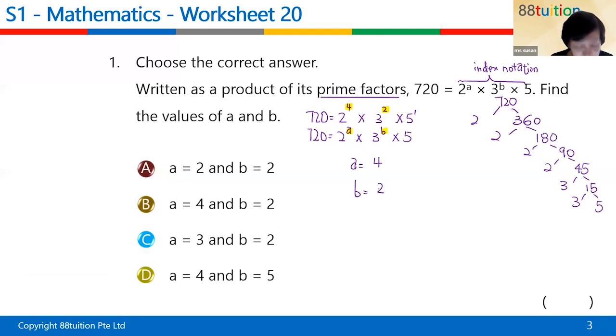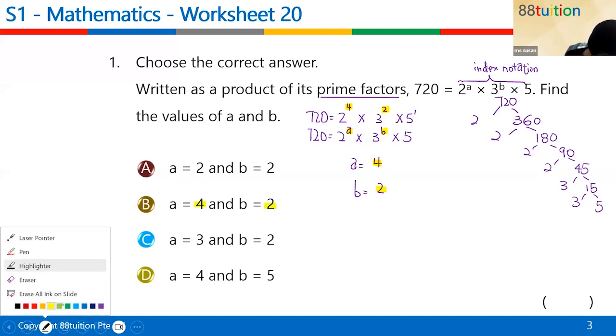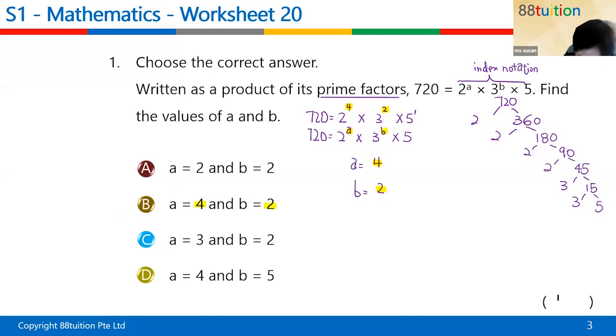So your answer will be 4 and 2. All right. So your answer should be B. Next question.